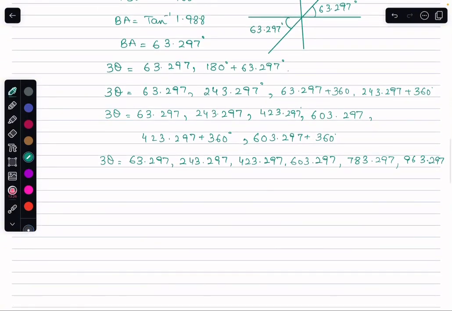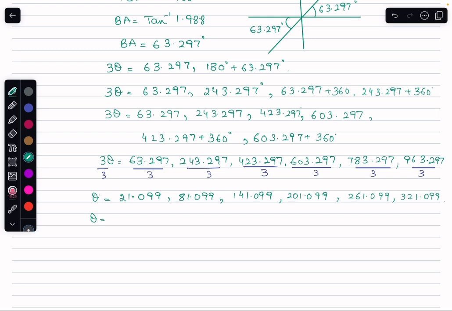So to do that, I will just adjust the 3 by dividing each and every angle that I have by 3. So now after dividing by 3, my theta values are 21.099, 81.099, 141.099, 201.099, 261.099, and 321.099.